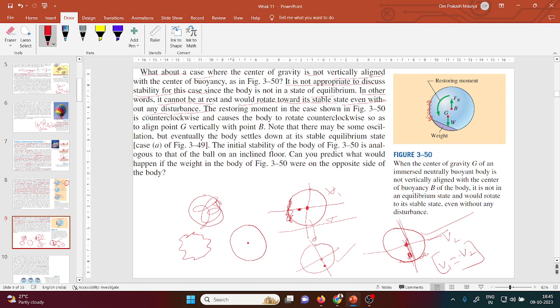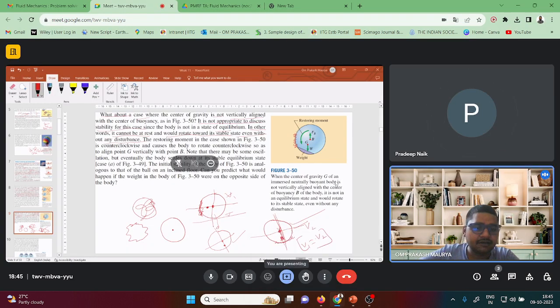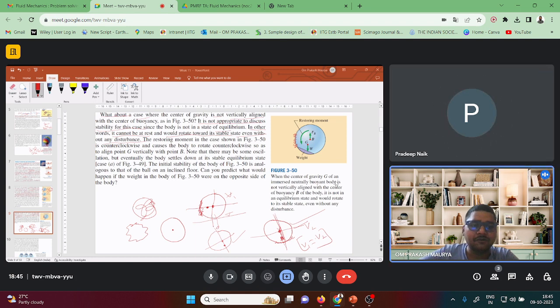I think, have you visited any river, Pradeep? Yes, sir. If you visited any river, then you have seen some boats. If you have seen some boat, in the below part, you just remember what they do.